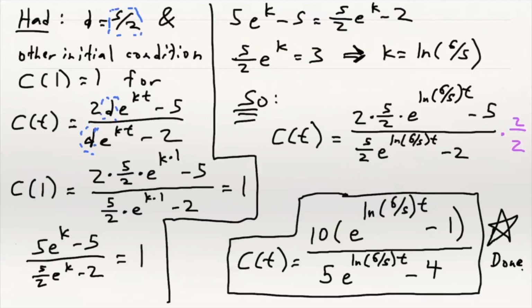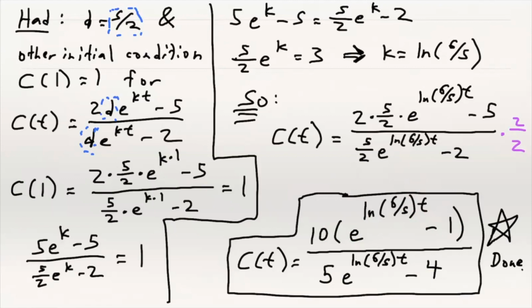And looking at this, as t approaches infinity, these constants become irrelevant, and what happens is we just have 10/5, which is 2. So this kind of quick check, well, it's quick once you get the hang of it, seeing what the value is initially and seeing what the asymptote is to make sure it checks out with what we expect it should be, is a nice way of ensuring that it makes sense and you haven't made a mistake.